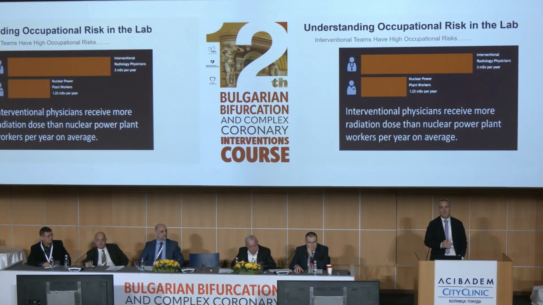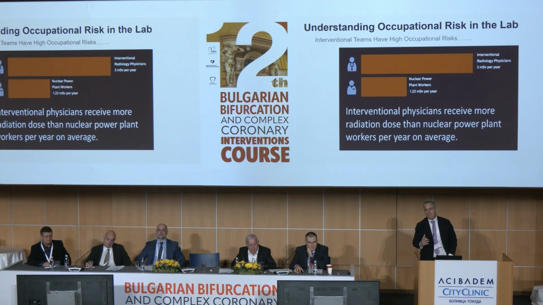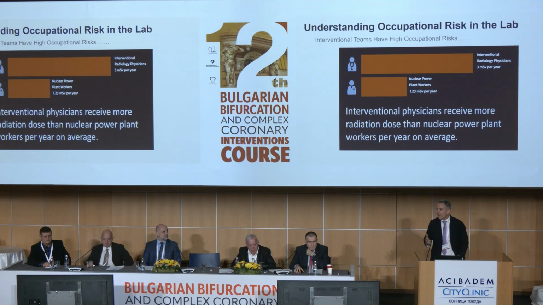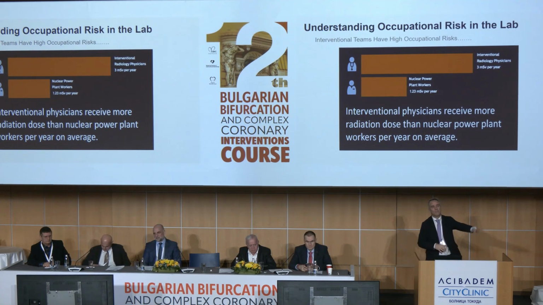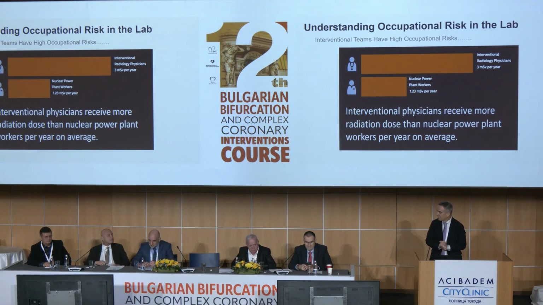But we don't care what we see on the screen. There is a limit, but sometimes when we are really into some procedures, we say, oh, 2 grays, and that's basically a lot. We should take care about what and how we do it, taking care of our backs and of our safety.